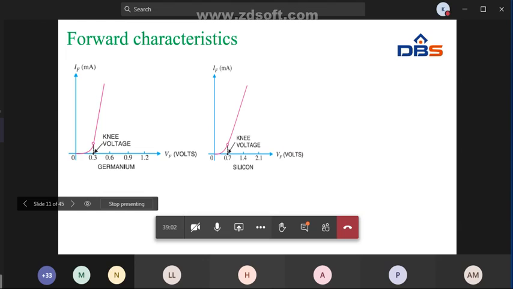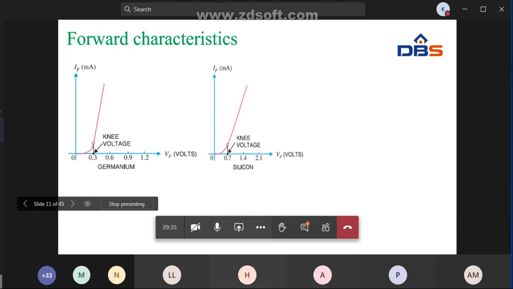Whereas in the silicon diode, that voltage is 0.7 volts. Up to 0.7 volts, no current flows through the diode. When it reaches 0.7 volts, the depletion region will disappear and the charge carriers move from p side to n side and n side to p side. Due to the flow of charge carriers, the diode current will flow.